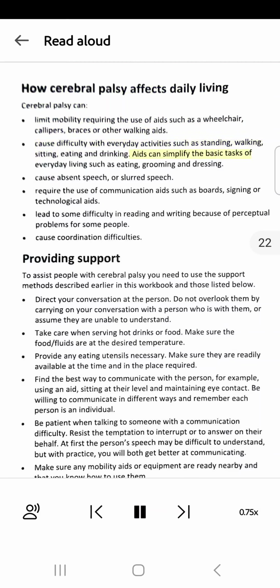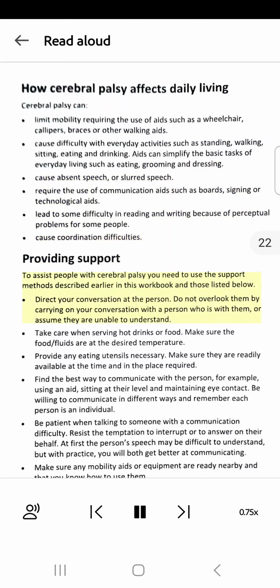Aids can simplify the basic tasks of everyday living such as eating, grooming and dressing, cause absent speech, or slurred speech, require the use of communication aids such as boards, signing or technological aids, lead to some difficulty in reading and writing because of perceptual problems for some people, cause coordination difficulties.